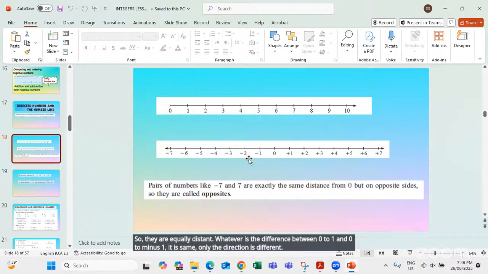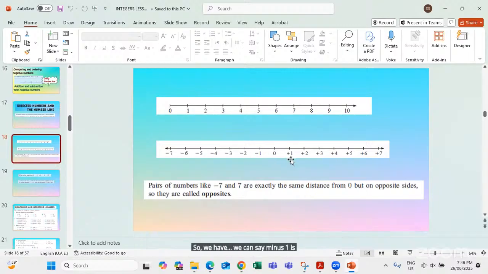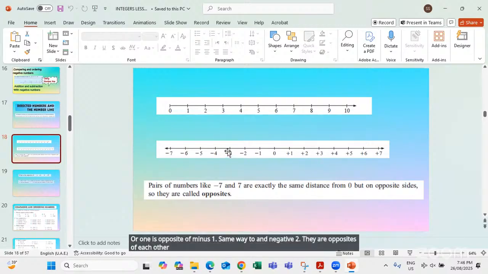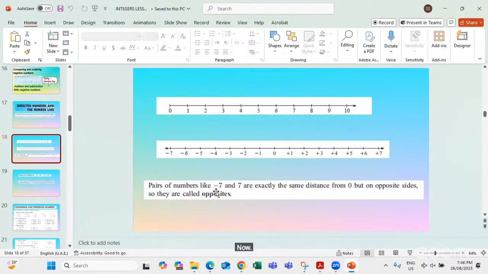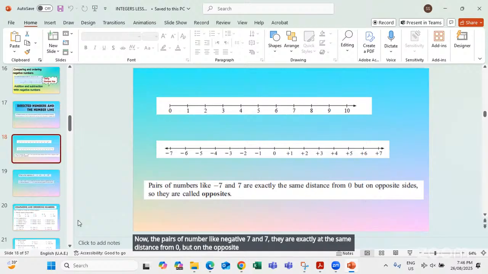So we can say -1 is the opposite of 1, or 1 is the opposite of -1. In the same way, 2 and -2 are opposites of each other. -3 and 3 are also opposites of each other, and they cancel each other's effect. Pairs of numbers like -7 and 7 are exactly the same distance from 0 but on opposite sides. That is the reason we call them opposites.